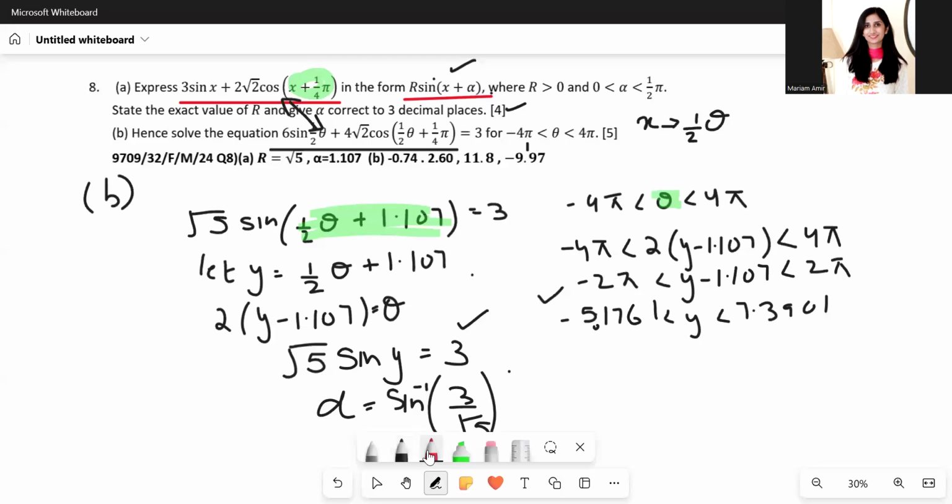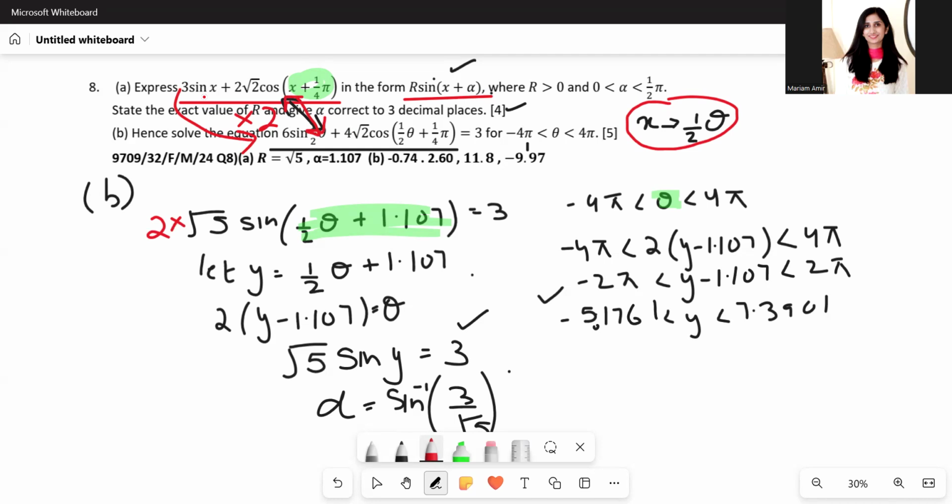Right, a very important thing that I missed while drawing comparison between these two was that x is being replaced with half theta. Also notice that the entire expression is being doubled. So I did not do that. I had to double this as well and then equate it to 3.